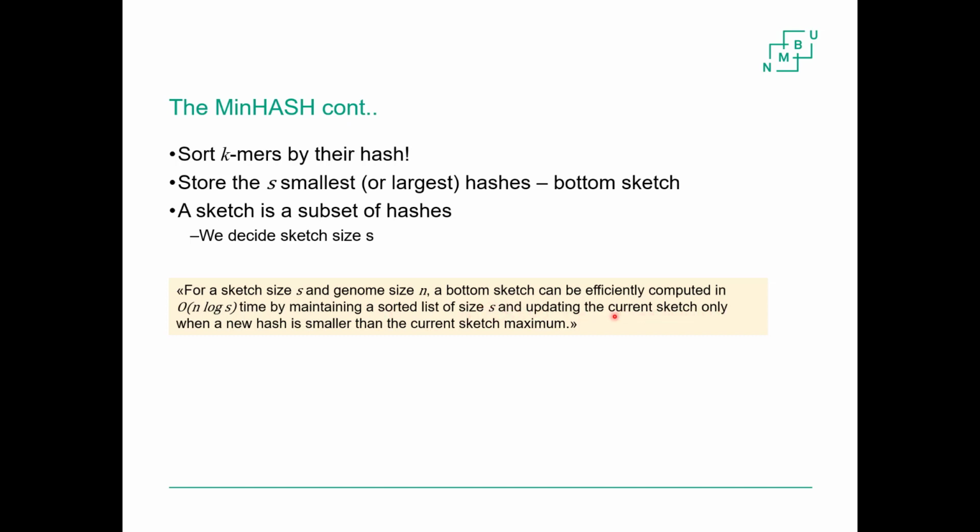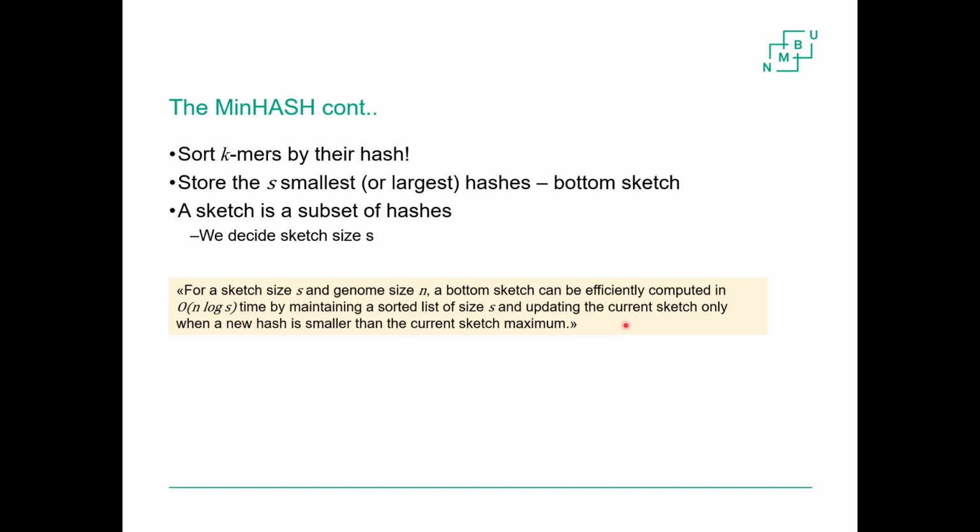So actually when you start collecting the k-mers, let's say we have set S equal to 1000. You want to store the 1000 smallest hashes. Then the first 1000 k-mers will all be stored in our sketch initially, right?